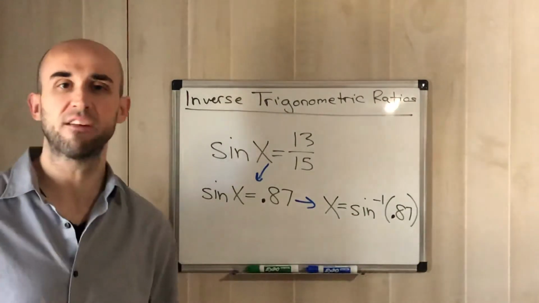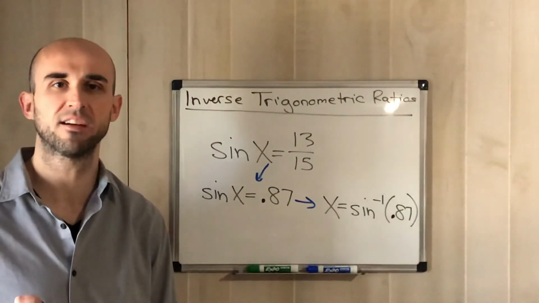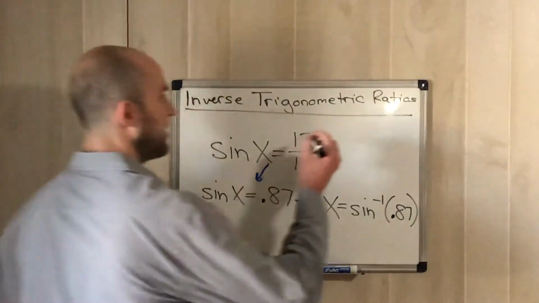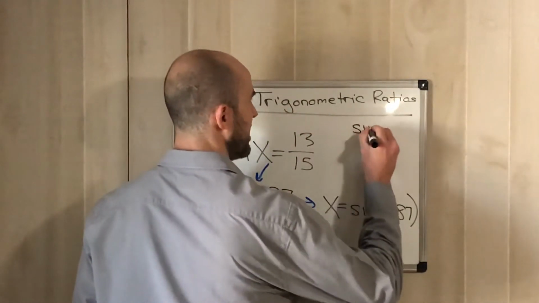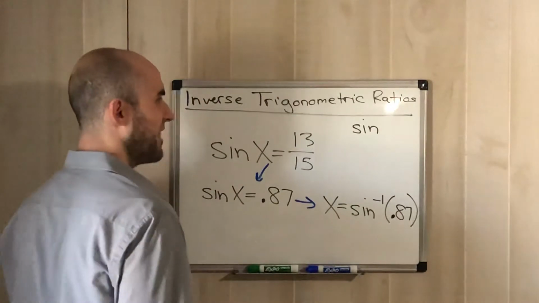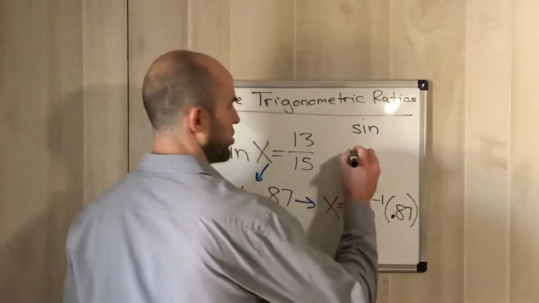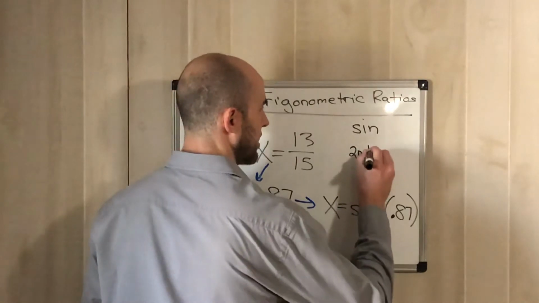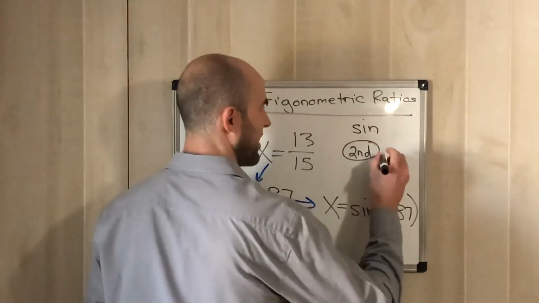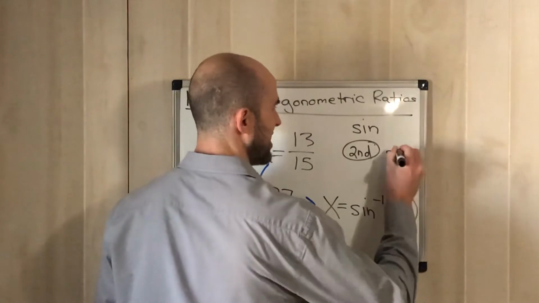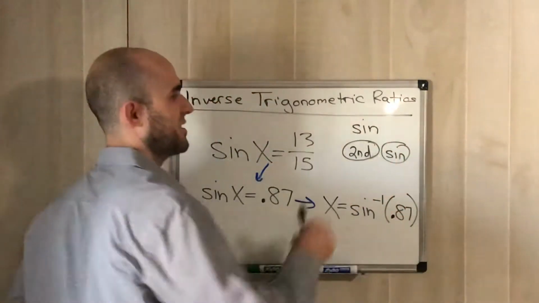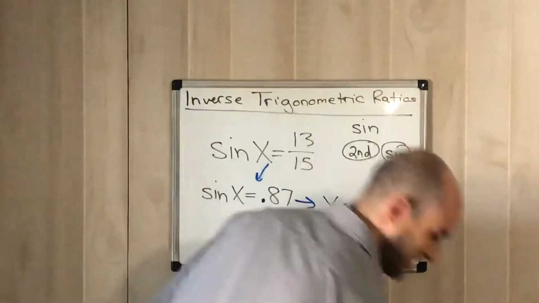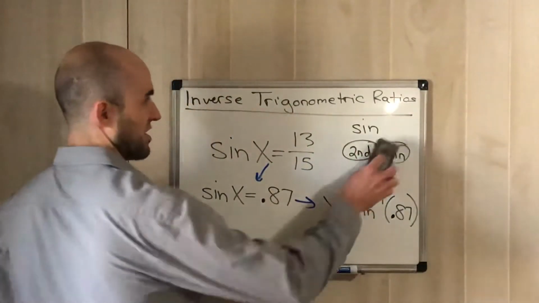And so sine inverse is on your calculator, you're going to see a button that looks like this, right? And in order to access this, you're going to press the button that says second, right? You're going to press the button that says second, and then you're going to press the button that says sine. Once you press second and then sine, sine inverse is going to show up.